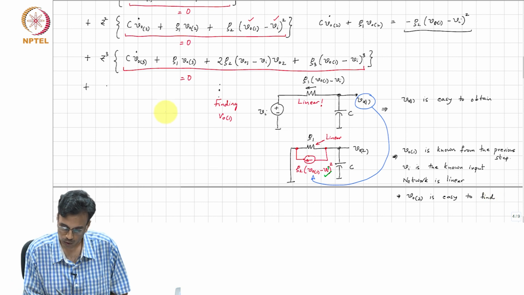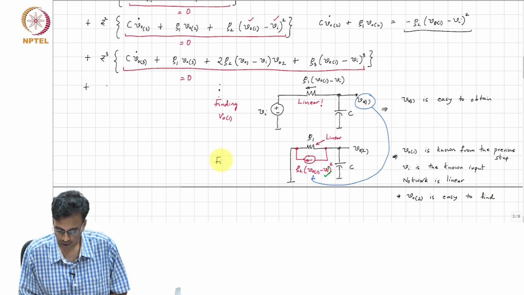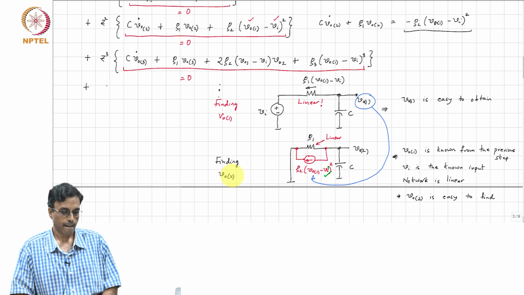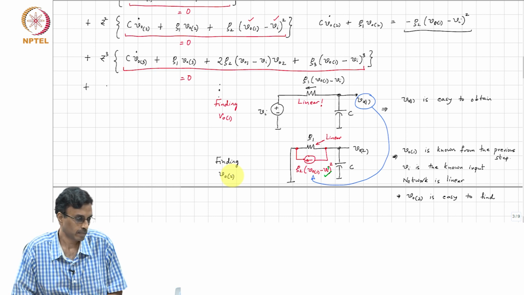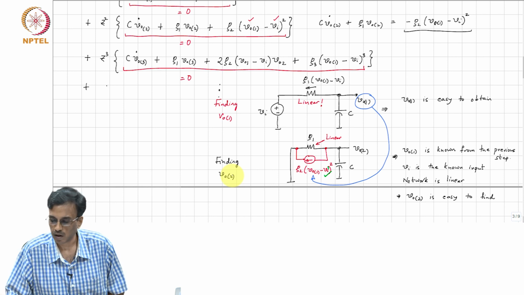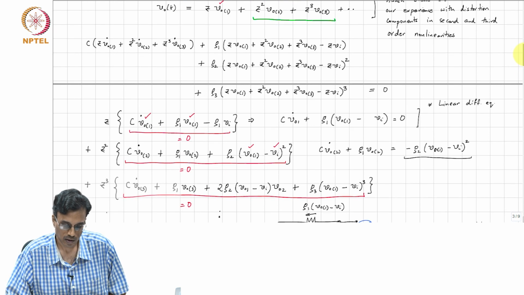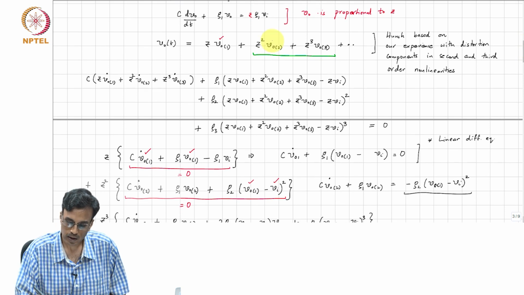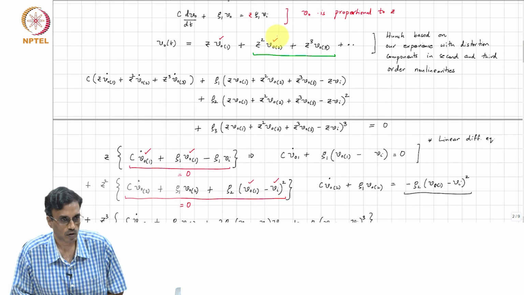Right. So this is step 2, finding VO2. All right. Now we know VO1 and VO2.